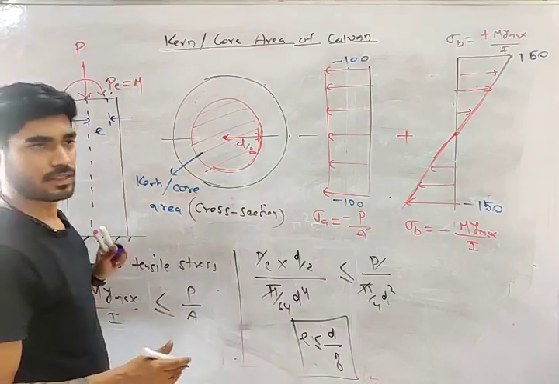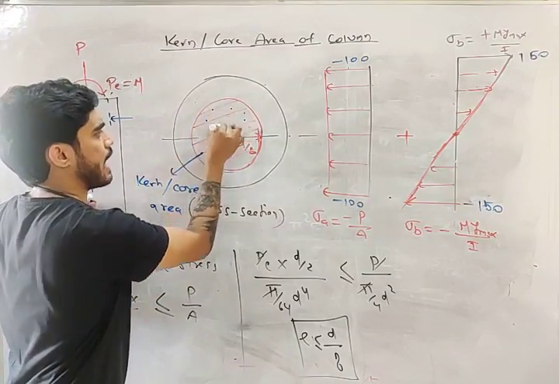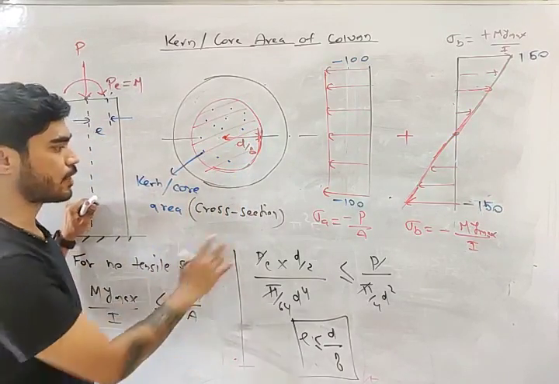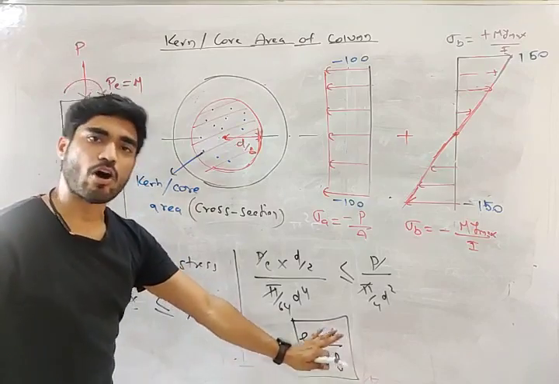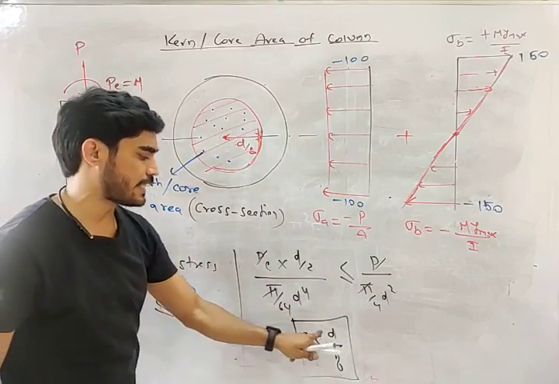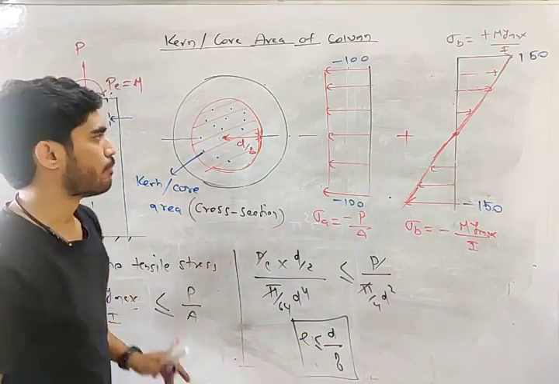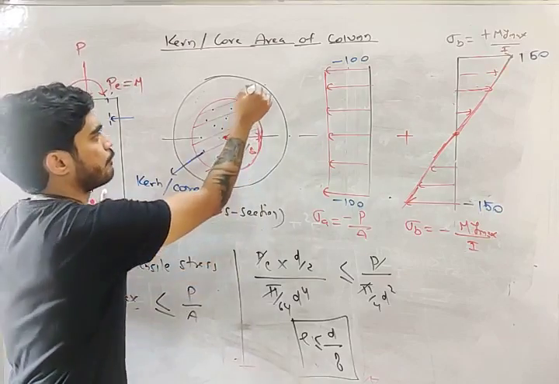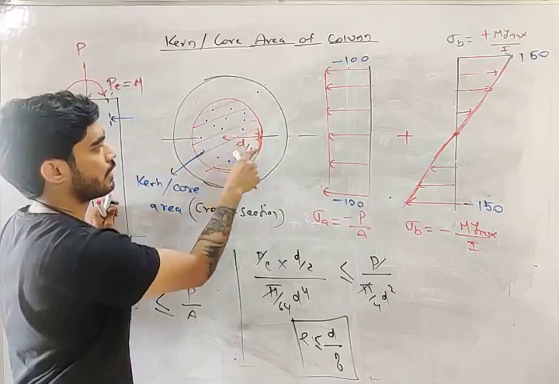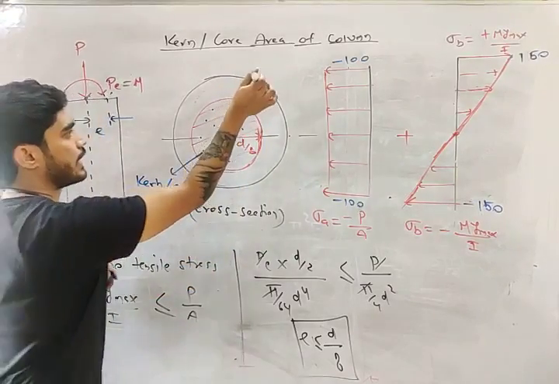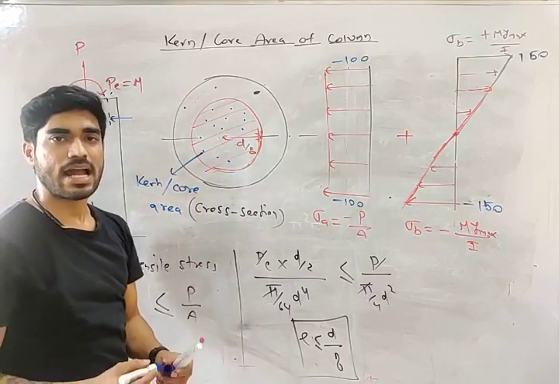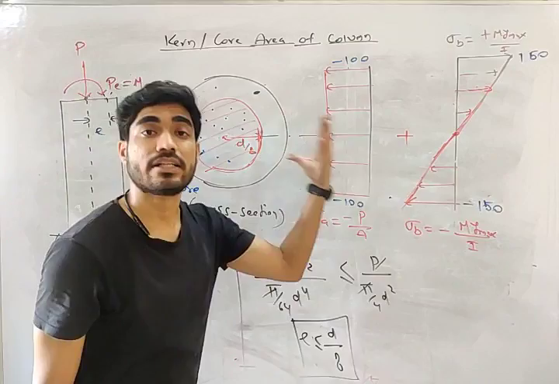If your load is inside this red zone, there will be no tensile stress, because your E will be less than or equal to D by 8. But if your load is acting here or here or here, outside this circle, means your eccentricity is greater than D by 8, and in that case you will get some tensile stress.